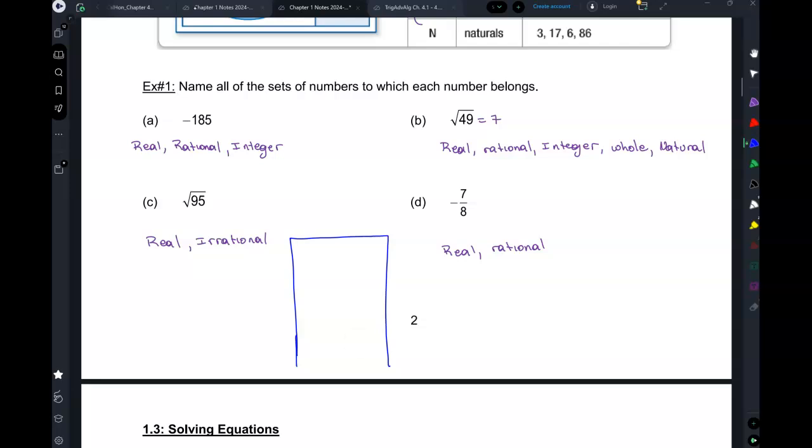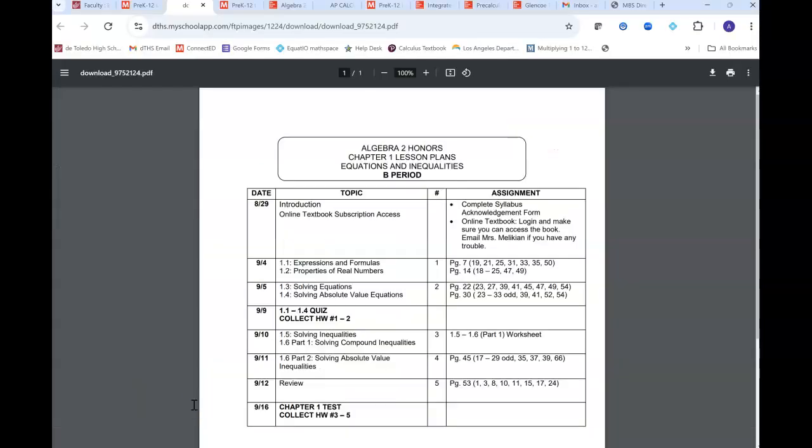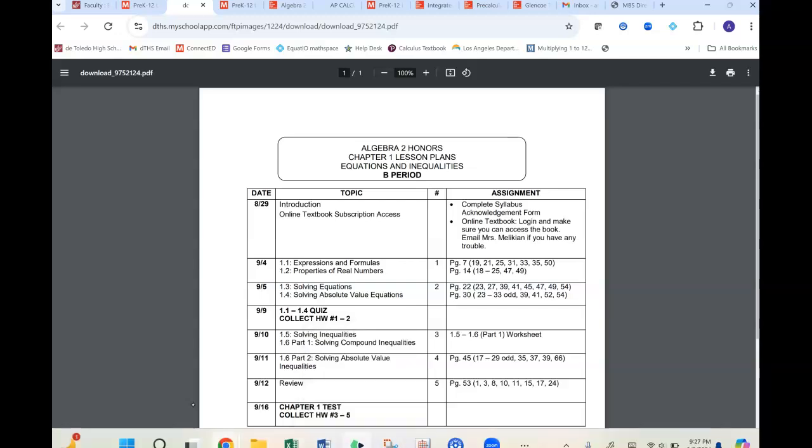I need your name. Now you can write it either here or on the right hand side. I really don't care. But you put the homework number, right? So in this case, this is homework number 1. And the first one is section 1.1. I really don't care about the page number.